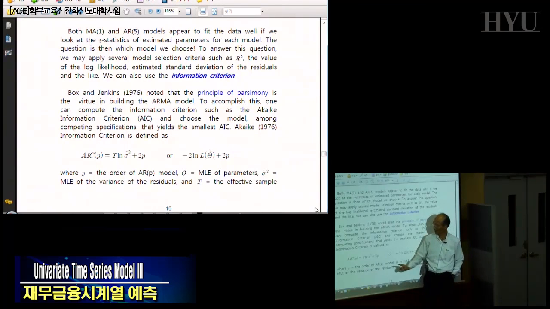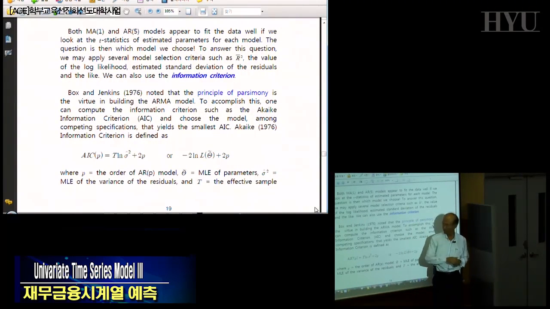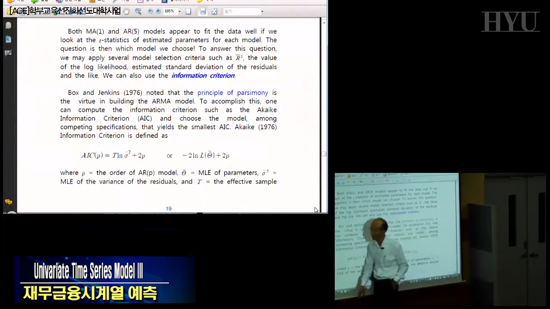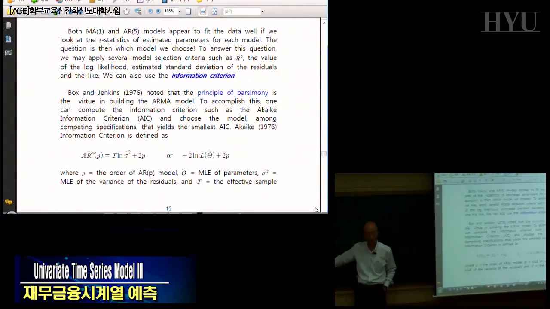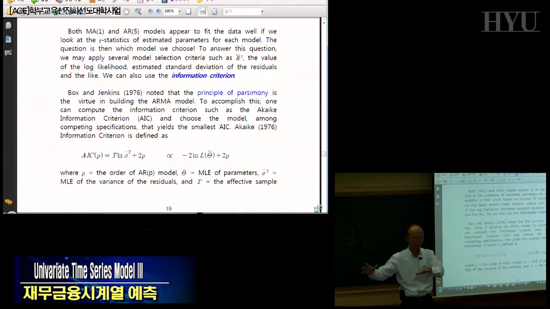So if you calculate, let's say, AIC for P equals 2, what's going to happen if you compare that result to those of the AR(1) model is that the AR(2) process will lead you to a smaller value for sigma squared. Very similar to this phenomenon. Because if you compare AR(1) and AR(2), AR(2) has more parameters or more explanatory variables, right?